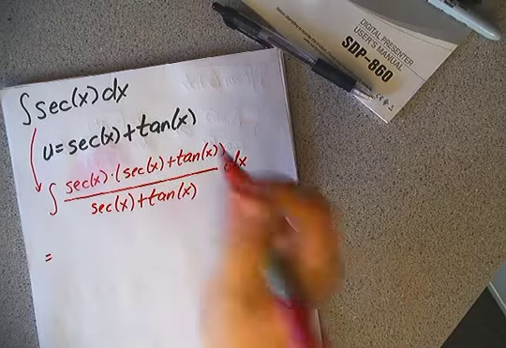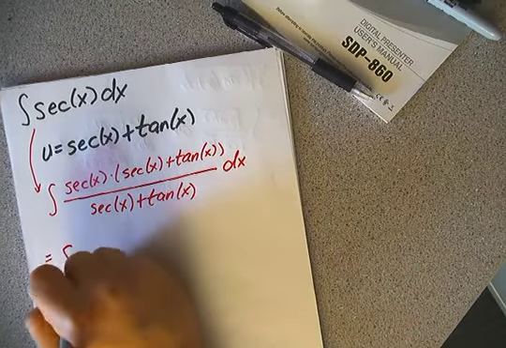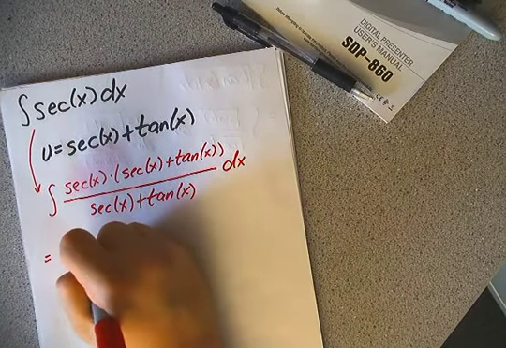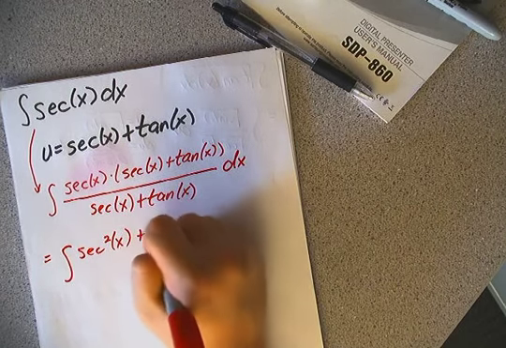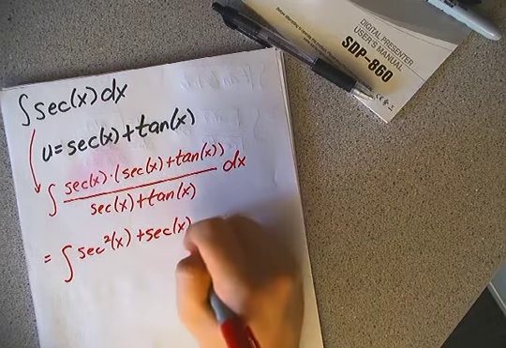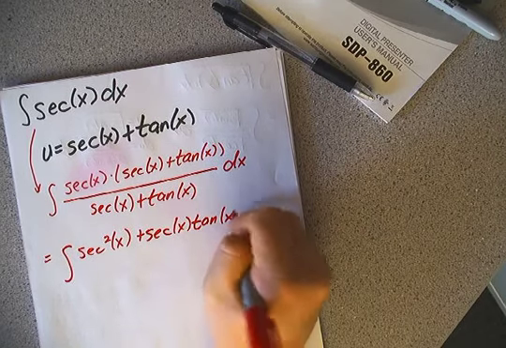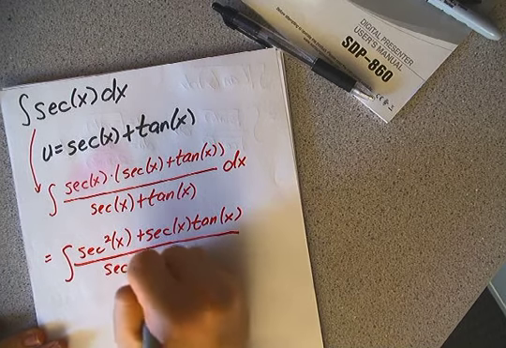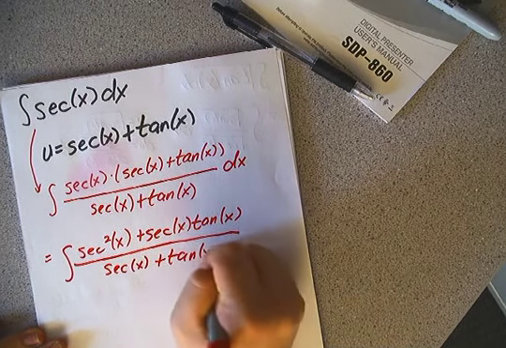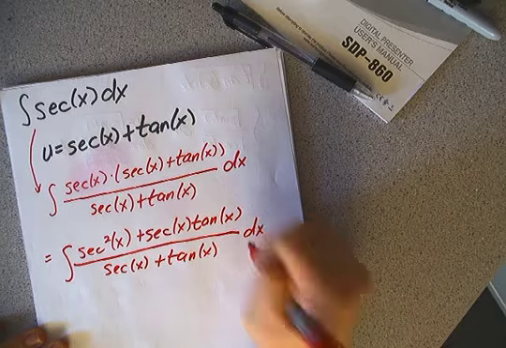And so if I simplify that just a smidge, that'll be the integral of secant squared of x plus secant of x tangent of x, all divided by secant of x plus tangent of x, dx.